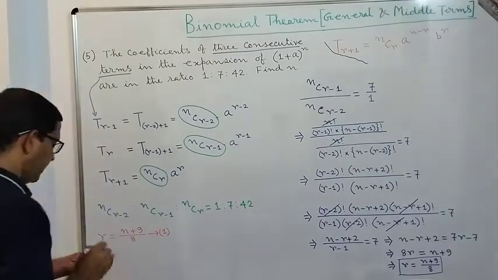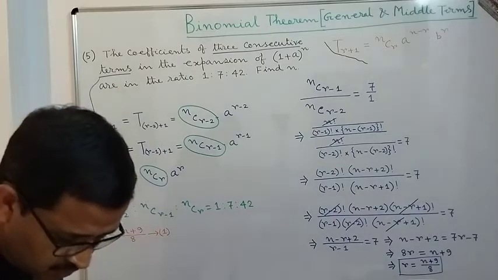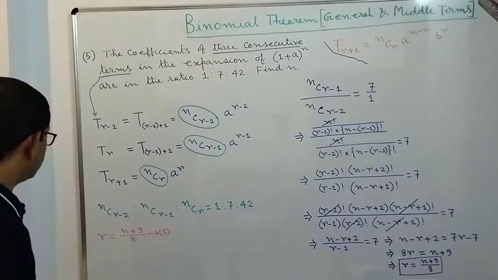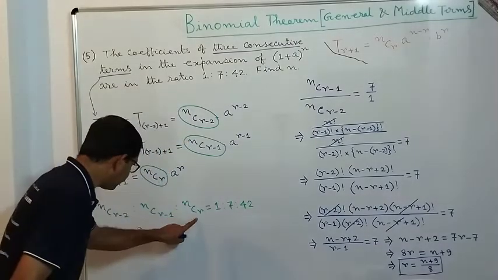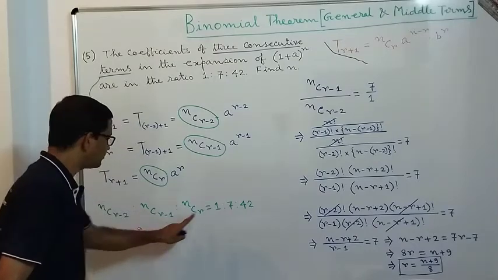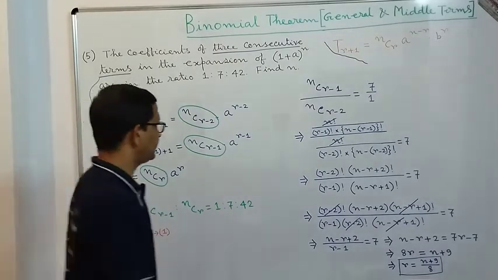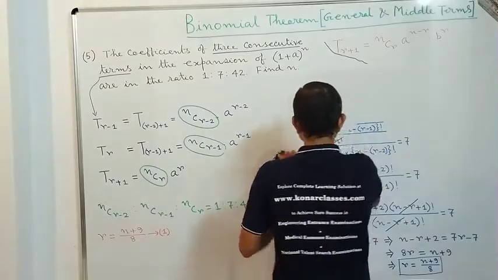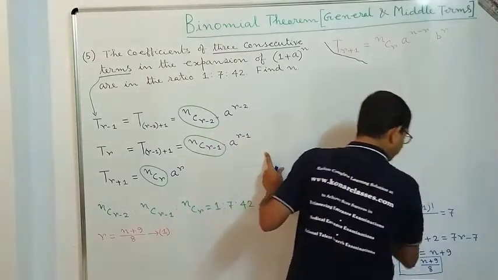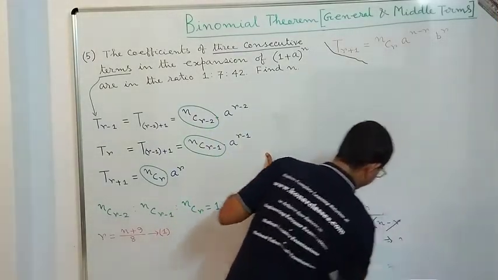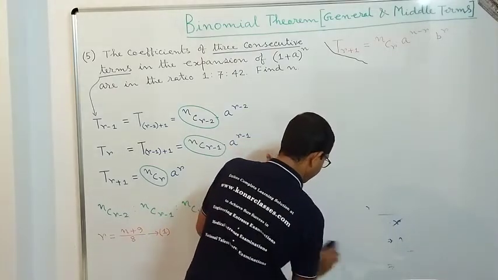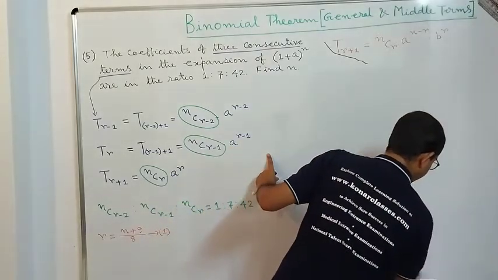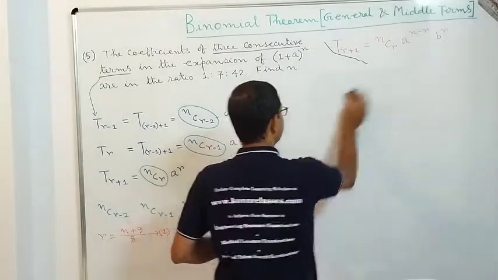Now dear students, what I am going to do is take nCr by nC(r minus 1) is equal to 42 by 7. Correct? Let's do it. You also do along with me. Then you will see that you can utilize the time and you don't need to practice it again.